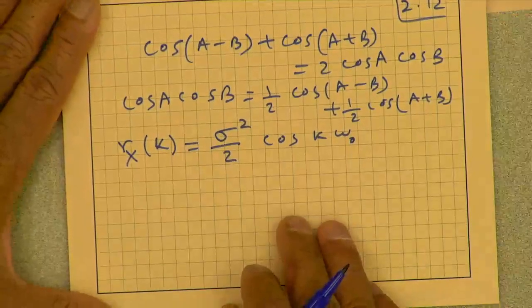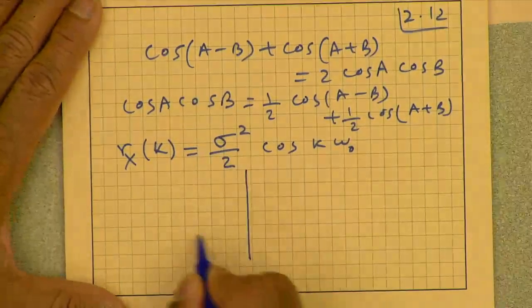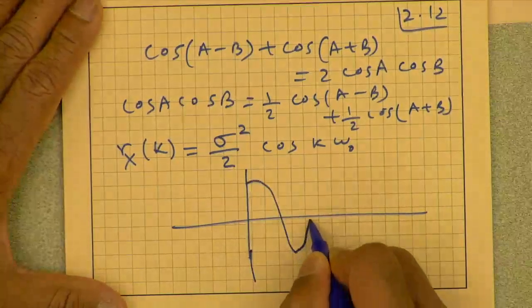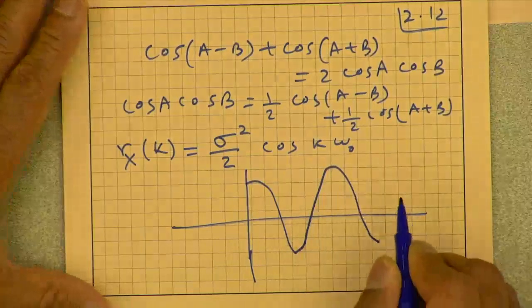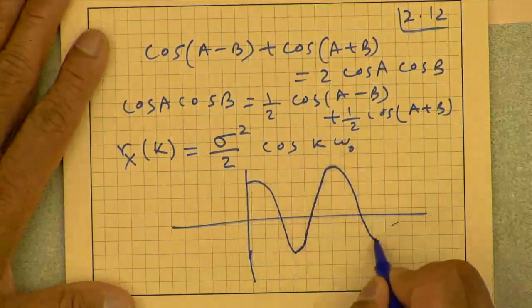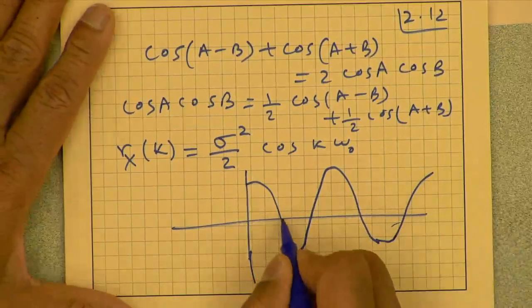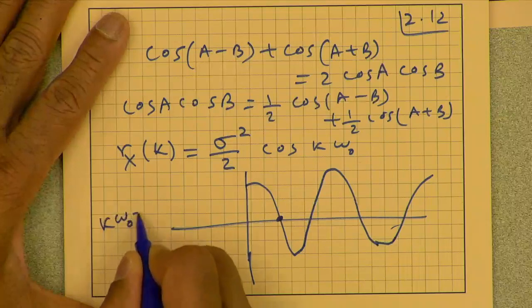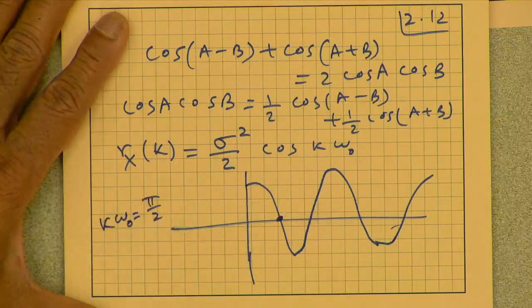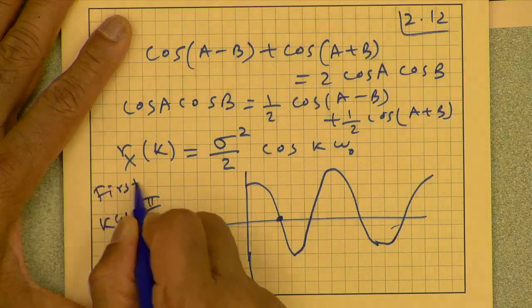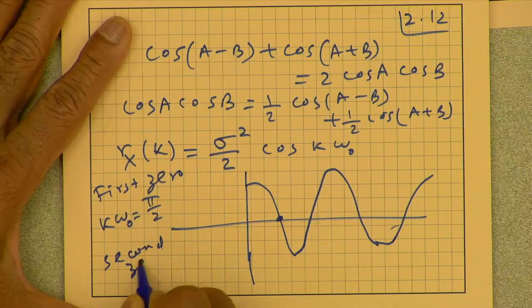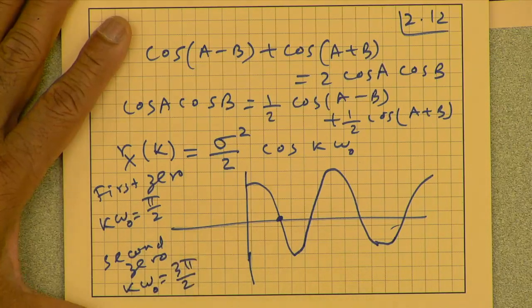So that is the autocorrelation sequence, and if I plot that, cosine k omega naught, the first 0 will happen when k omega naught is equal to pi by 2. The second 0 will happen when k omega naught is 3 pi by 2.